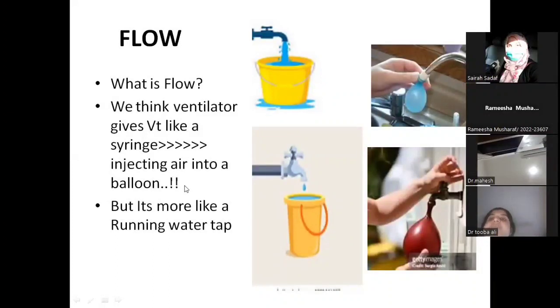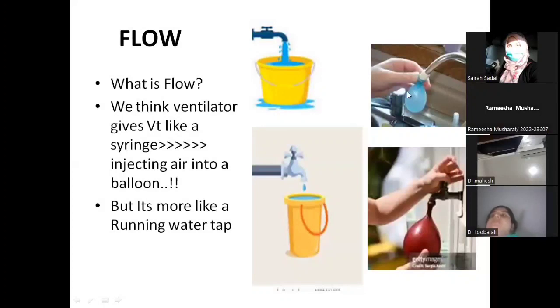Now we're talking about the flow. Okay, flow. What is flow? It's not like that. It's more like a running water tap that is filling a bucket, or more precisely, you can say it's filling a balloon. When you attach a balloon to a water tap and turn it on, the water starts flowing into the balloon.